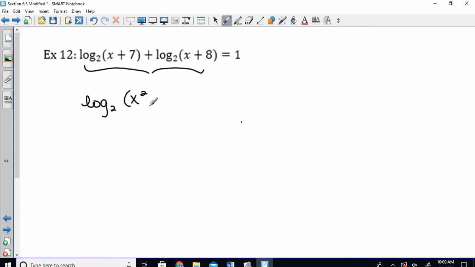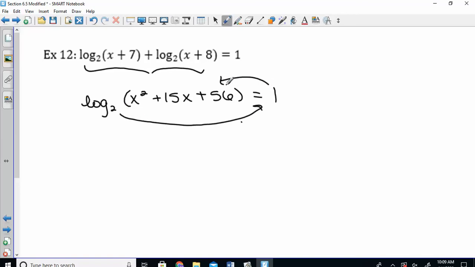So we would get x squared plus 8x and plus 7x would be 15x plus 56 equals... 2 to the first is just 2.